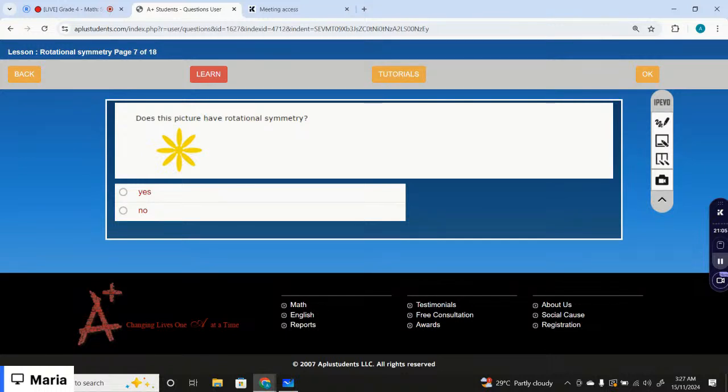The correct option is yes, the shape has rotational symmetry. Option number one is the correct option.